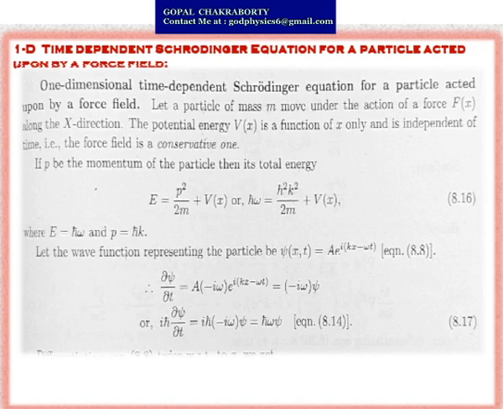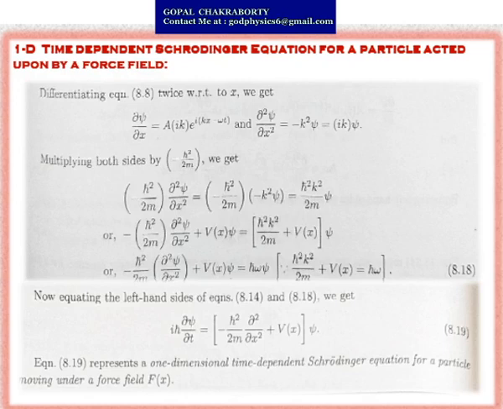For the second one, you have to take the derivative with respect to space or position. The first order derivative with respect to position x will give you A ik e to the power i(kx minus omega t), which is ik psi, and the second order derivative will give you del 2 psi del x2 equals minus k square psi.